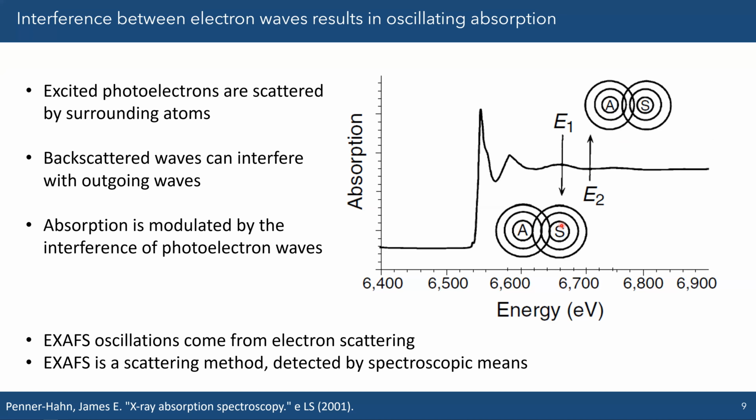And this scattering results in backscattered waves that can interfere either constructively or destructively with outgoing waves from your absorbing atom. So when it interferes constructively, you'll have an increase in the absorption cross-section. And when it scatters destructively, you'll have a decrease. So you can see that's the origin of these wiggles in your XAS.